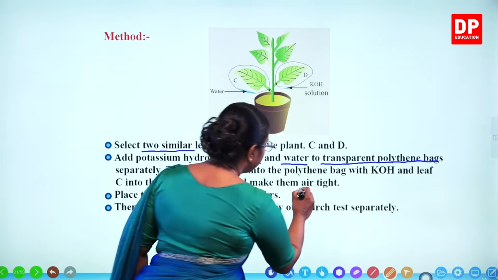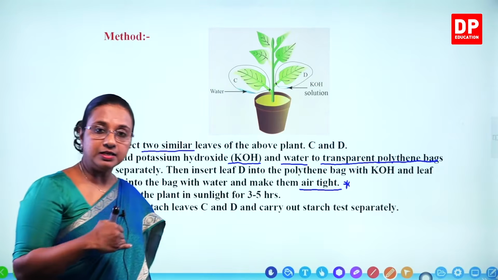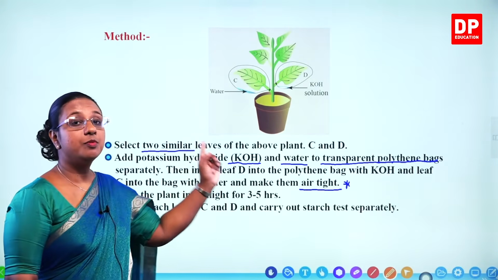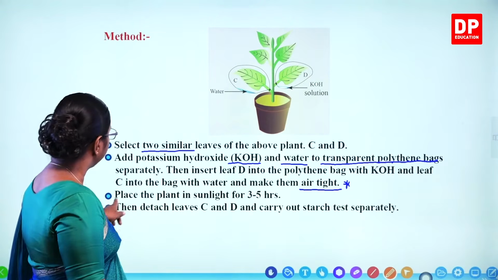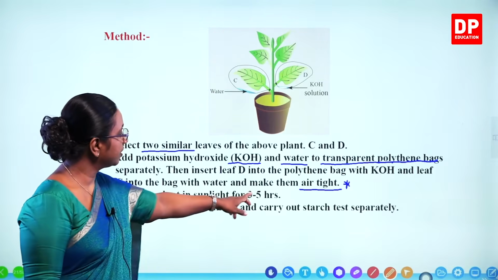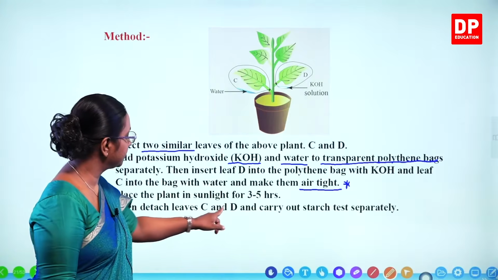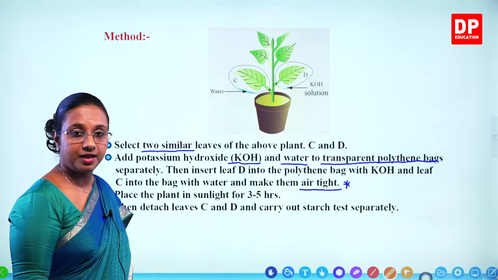We have to make sure there is no air coming in or going out of the bag. Airtight, so that more carbon dioxide does not come in. Place the plant in sunlight for 3 to 5 hours. Then detach the leaves C and D and carry out starch test separately.